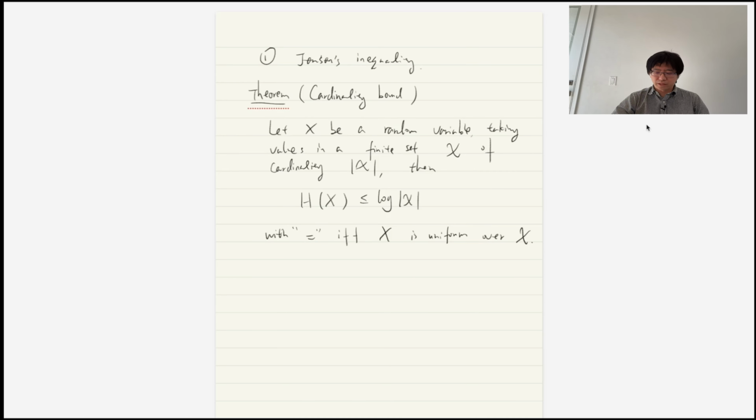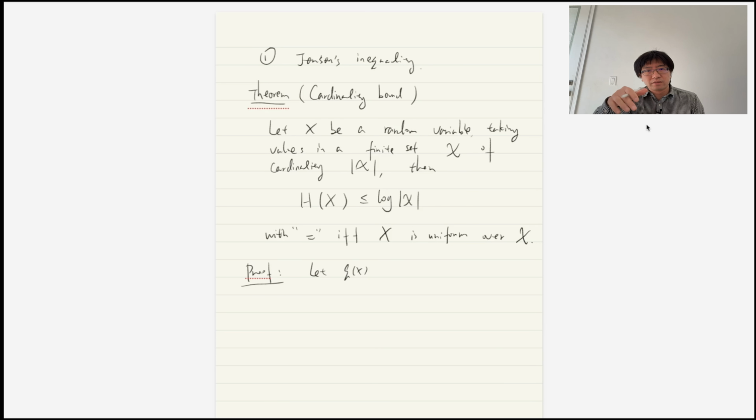Now let's prove that. The way we're going to prove it is to use what we just learned: the relative entropy is bigger than or equal to 0, by using Jensen's inequality. When we want to use the relative entropy, we need two distributions.